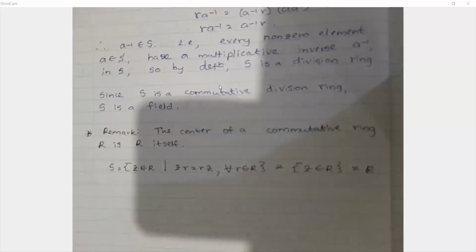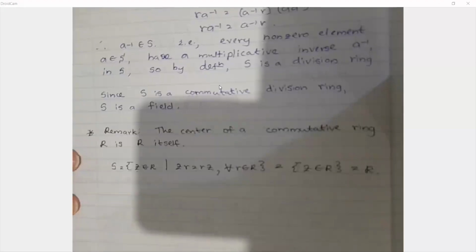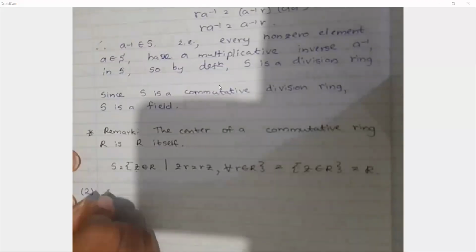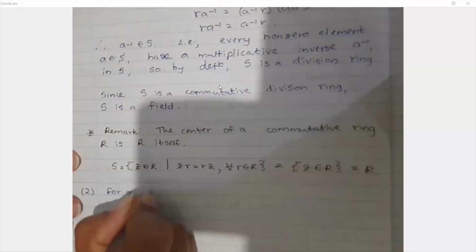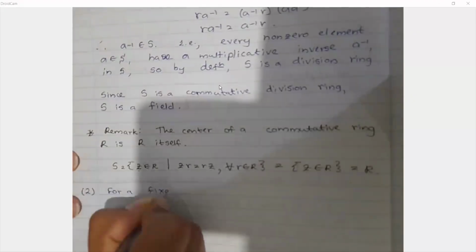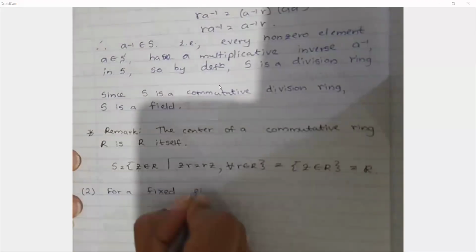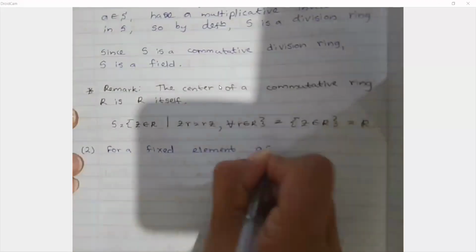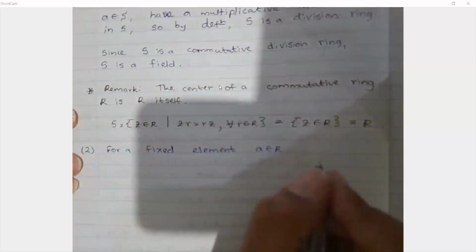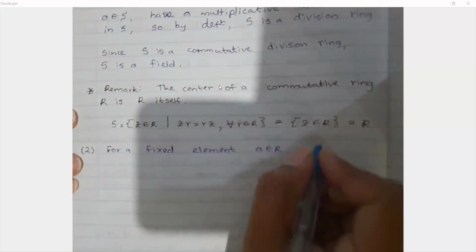Okay, let's do another problem. Let's fix an element A in R, where R is a ring with unity. One is in there.